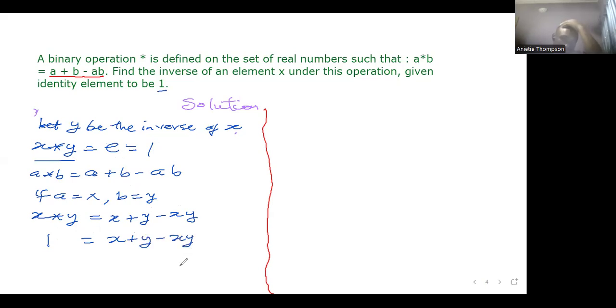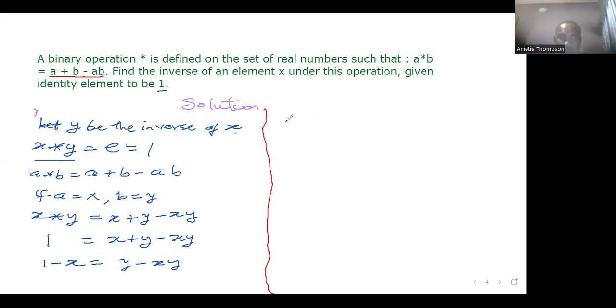Don't forget, we want to find the value of y because y is the inverse. We said that let y be the inverse. So we want to make y the subject of the formula. So move this x to this side. We have 1 minus x is equal to y minus xy.